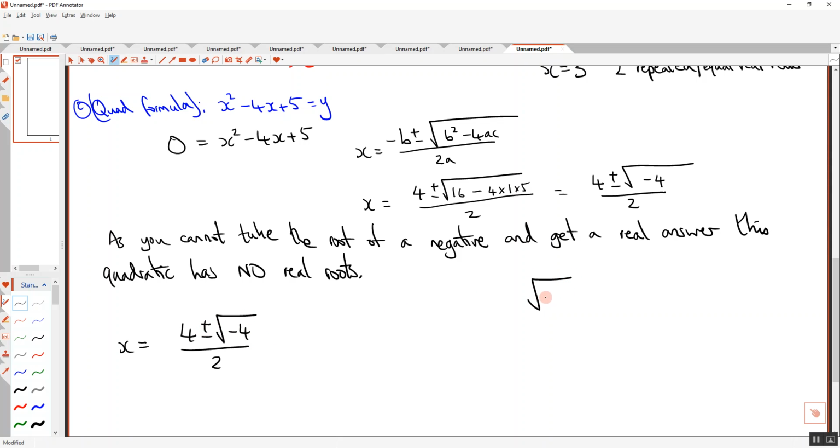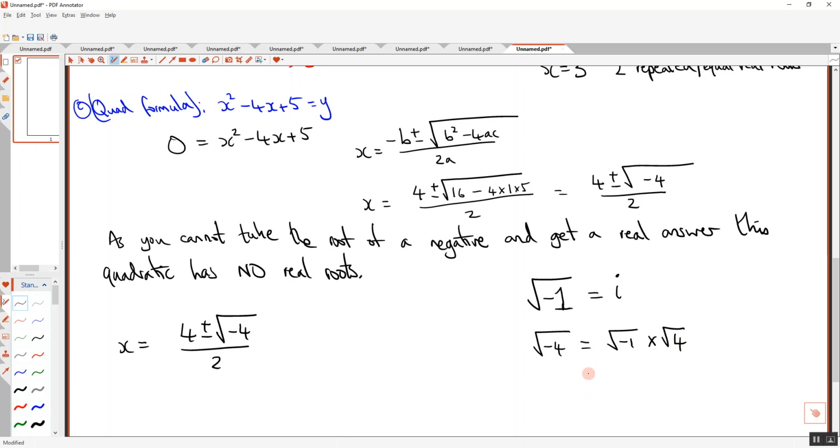What a particular mathematician said was, well, let's just define the square root of negative 1, and let's call it i, which stands for imaginary. Using our knowledge of surds, the square root of negative 4 is just the square root of negative 1 multiplied by the square root of 4.